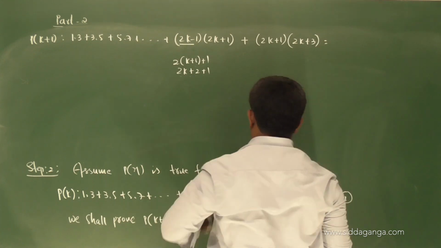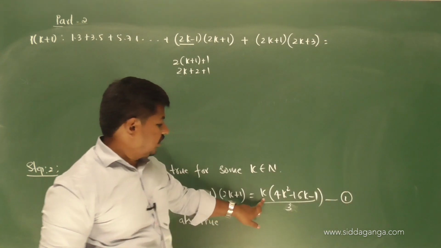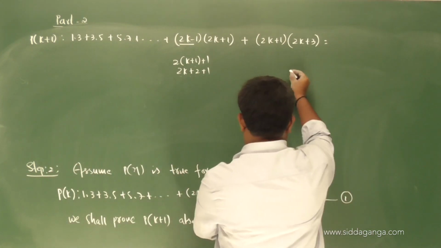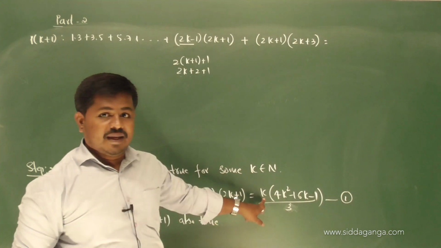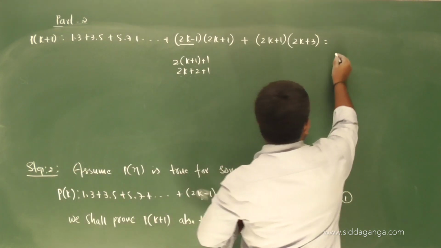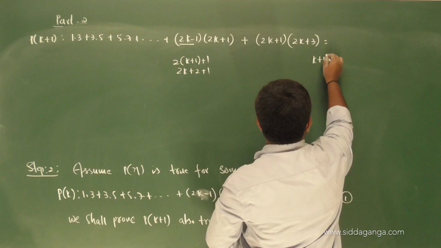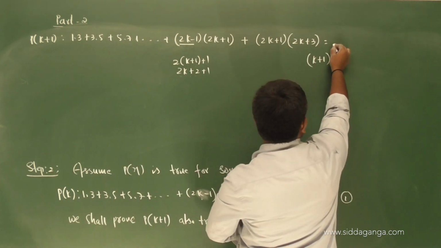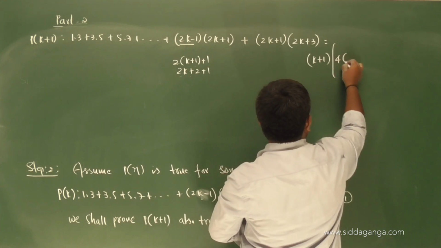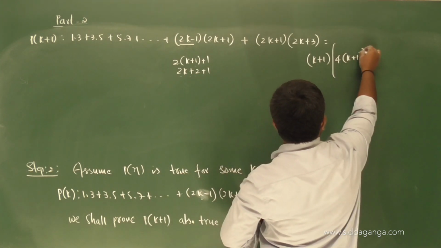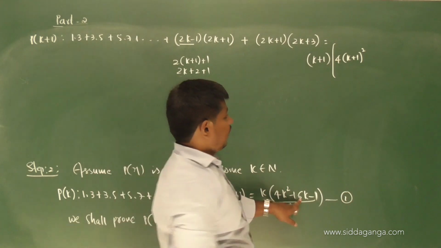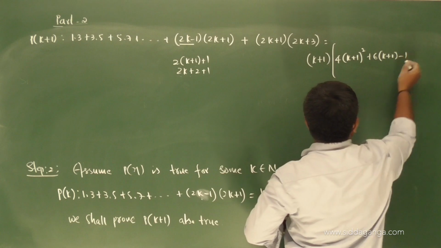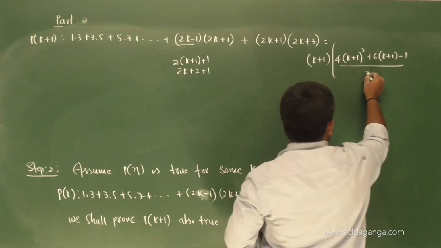And what should the answer be? Wherever you have k, substitute k plus 1. So the answer should be k plus 1 into 4 into k plus 1 whole square, plus 6 into k plus 1, minus 1, by 3.